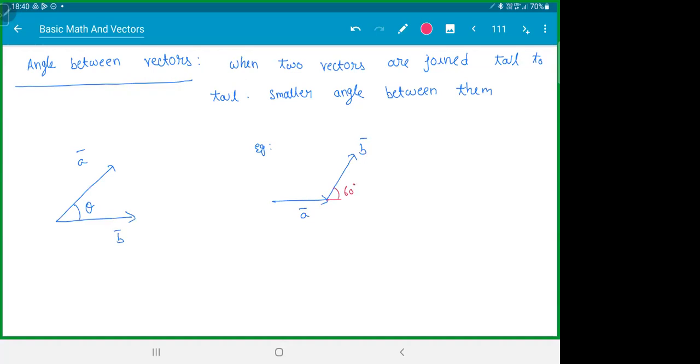Example, if this is a bar and this is b bar, and let's say this angle is 60 degrees. What is the angle between the vectors? Be careful, it is not 60. You have to keep them tail to tail. So shift this b bar here, parallel to itself. You have to join them tail to tail. Or you can just move a bar ahead.